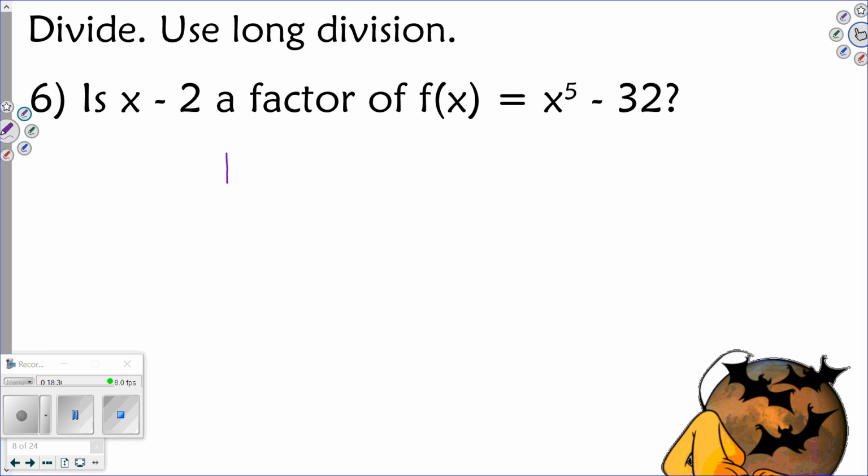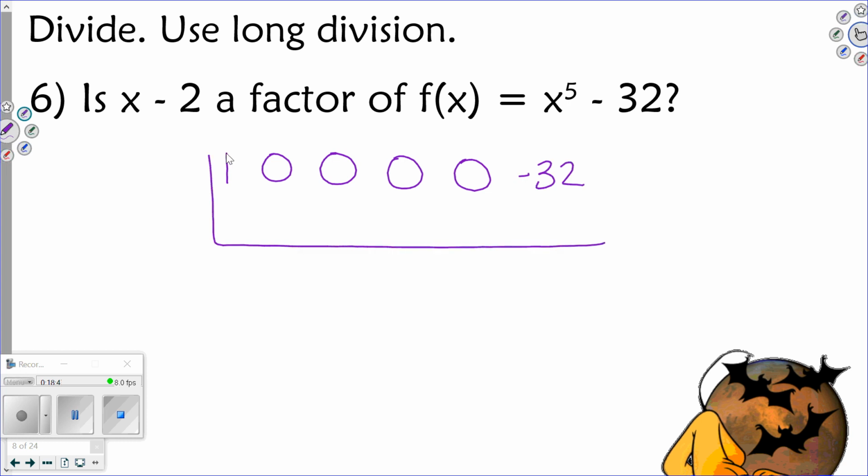We have the 1 for the x to the 5th, but you're missing x to the 4th, x to the 3rd, x squared, x, and then negative 32. So is it possible that a lot of zeros could be in there? You betcha. You've got to watch for all those. And then you'd be dividing by 2. See the difference from what you did on Friday when it was super long.